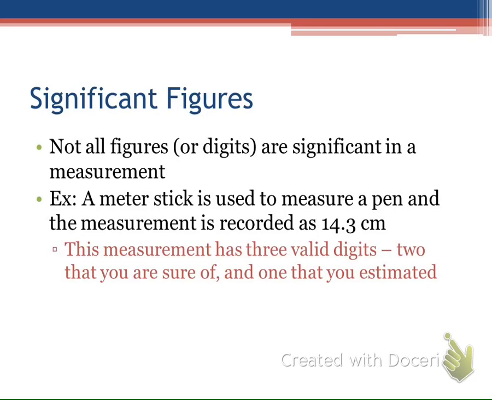Whenever you take a measurement, you read what your instrument gives you, and you estimate 1 more. So this particular measurement has 3 valid digits. I've read that it was 14 centimeters at least, and I estimated that it was about 0.3 centimeters longer.